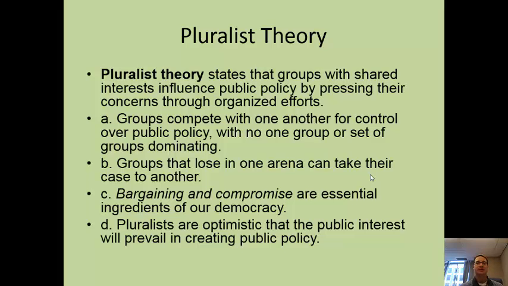Whereas AARP says, all right, we're going to represent elderly folks no matter what, and therefore we represent you clearly on these issues.